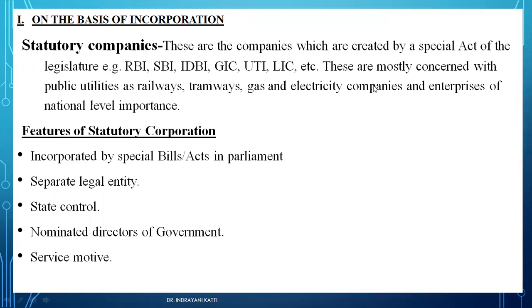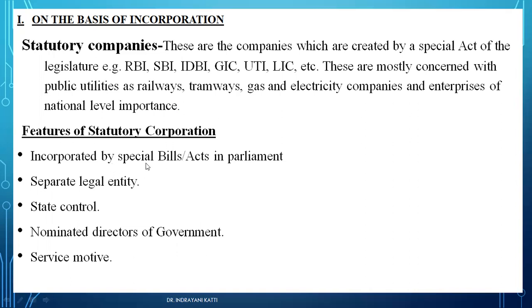These are mostly concerned with public utilities such as railways, tramways, gas and electricity companies, and enterprises of national level importance. The main motto is to render services to the public, so these companies are formed by passing a special act. Now, what are the features of a statutory company?